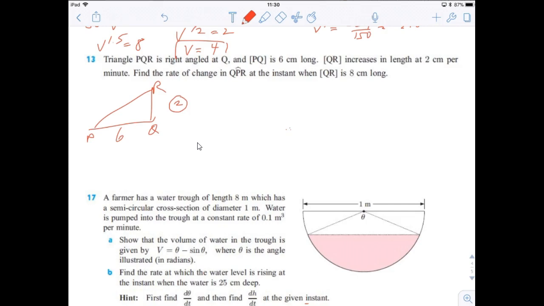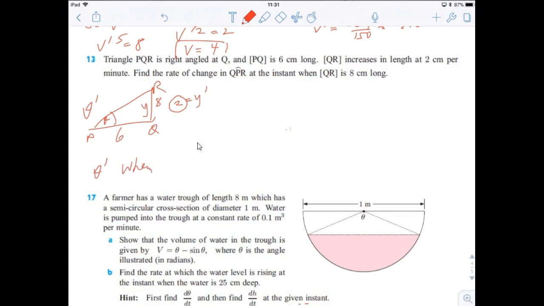Okay, so let's call QPR theta, and let's call QR y. Basically what they're saying is the derivative of y equals 2, and they want to know d theta dt, or theta dash, when QR is 8 long, when y is 8 long.